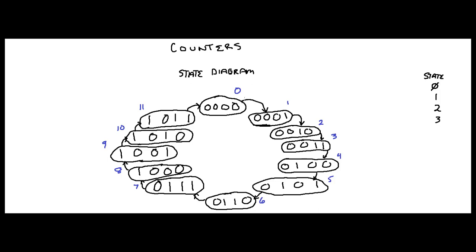So in a state diagram, as we were saying here, you have your states. Each circle represents a state. In this case, we have 4 digits in there, 4 bits.